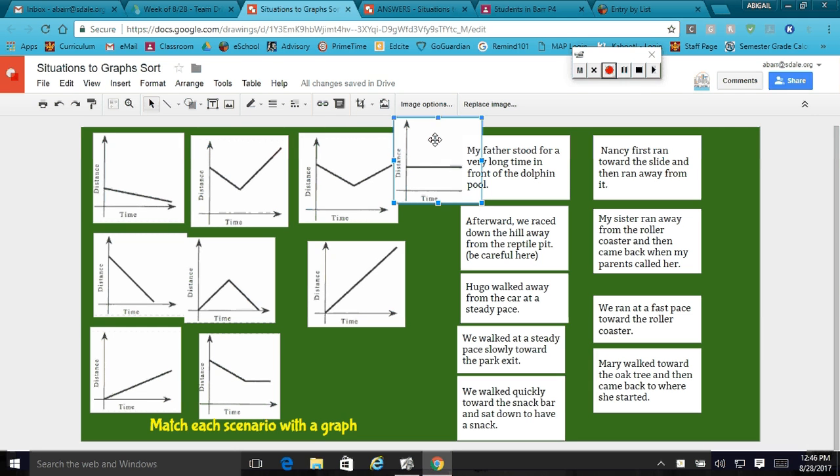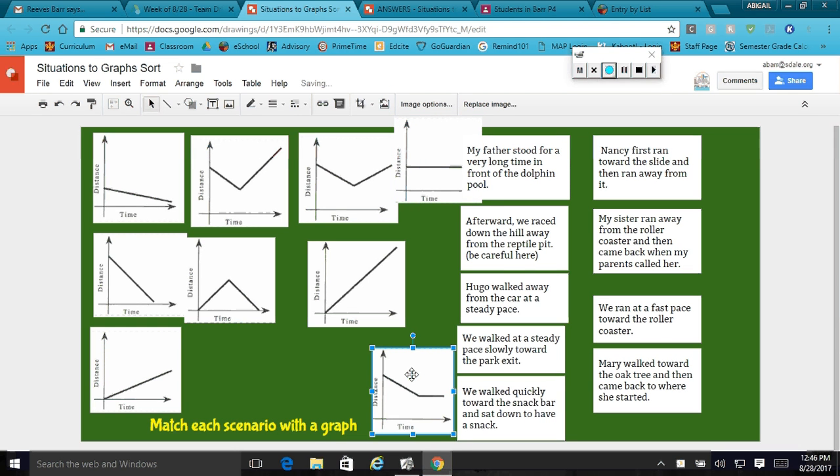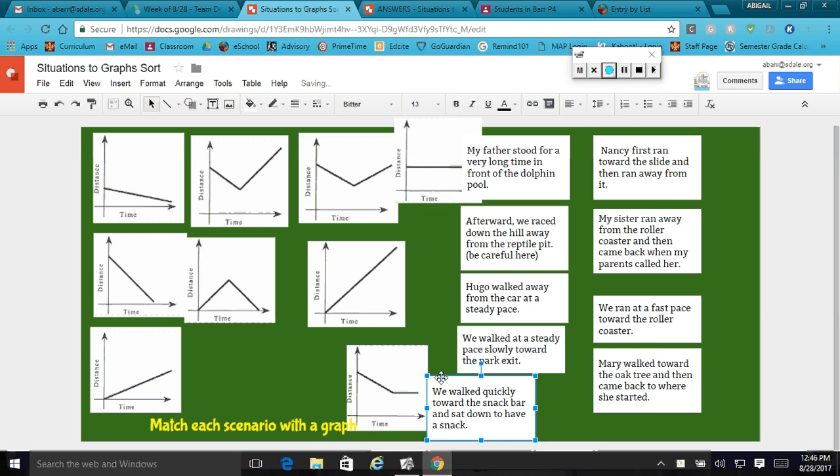It's staying the same as when you first sat down as time continues to move forward, right? Okay, so which one of the graphs tells us that? We walk towards the snack bar, bottom right, this one right here. Those two go together. Does that make sense?